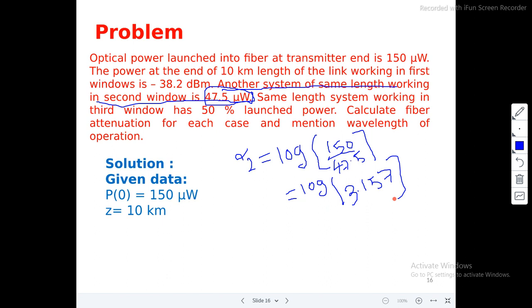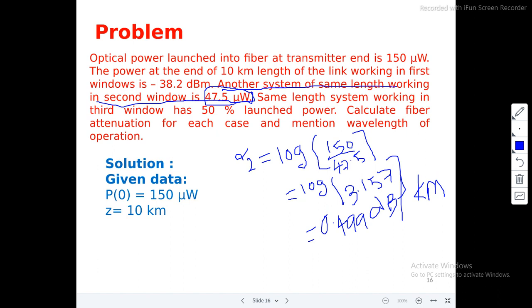Then you apply the logarithmic of 3.157. So the answer is 0.499 dB per kilometer. So for the second window technique, the attenuation constant is 0.499 dB per kilometer.